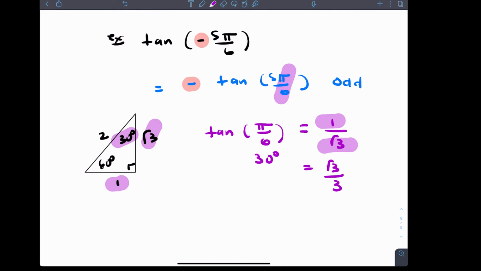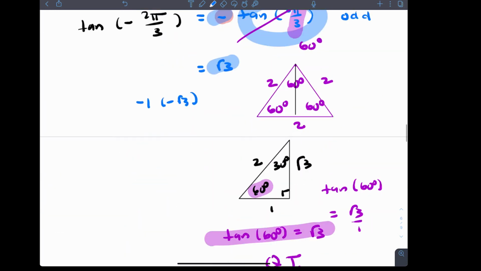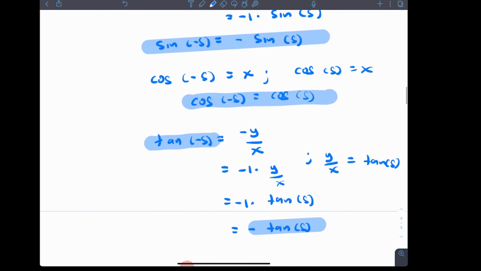So use your quadrant 1. But what's the deal here, though? This is a multiple of pi over 6. That's 5 times pi over 6, or 5 times 30. What's 5 times 30? 150. What quadrant is that? Isn't 150 in quadrant 2?